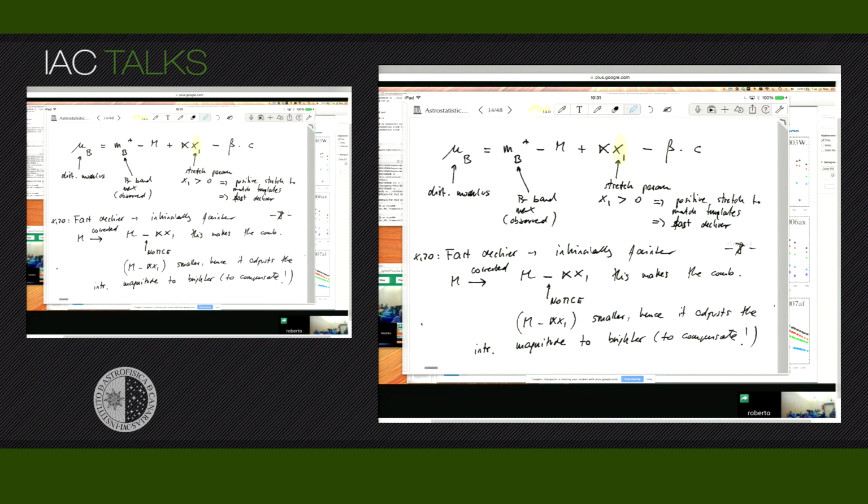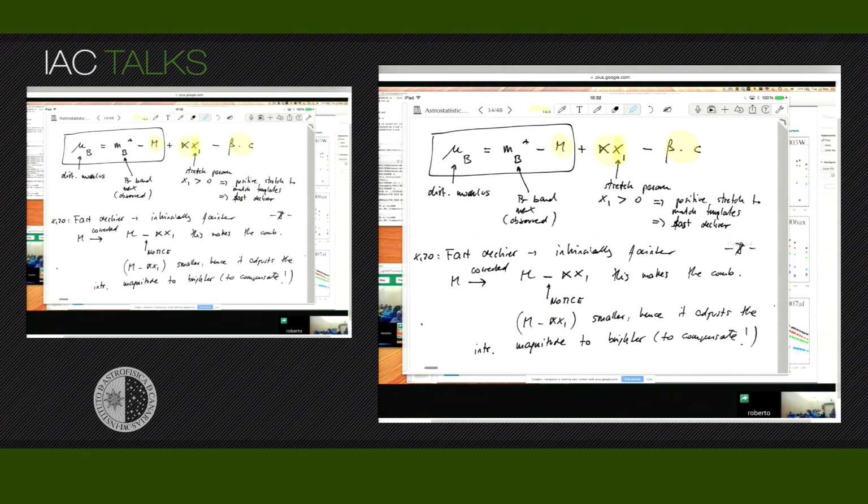So here we have the distance modulus, given by the observed B band max, minus the B band intrinsic magnitude, capital M. And then we correct the intrinsic magnitude linearly by putting in the correction for the observed correlations I was telling you about. One is a stretch correction, and one is a color correction. Those are linear in X1, the stretch parameter, and linear in C, the color parameter.